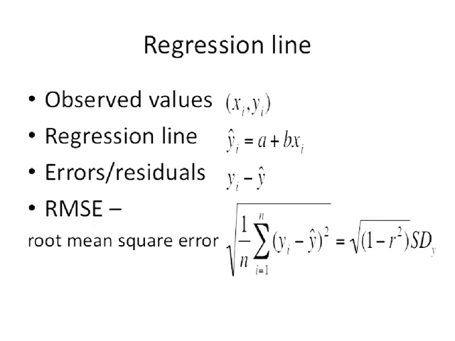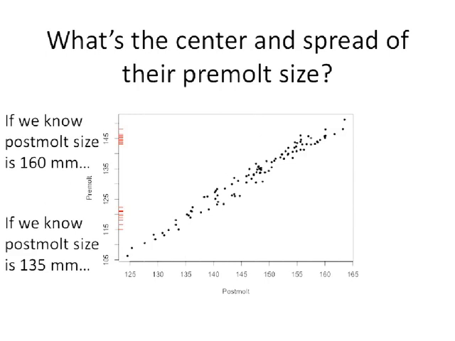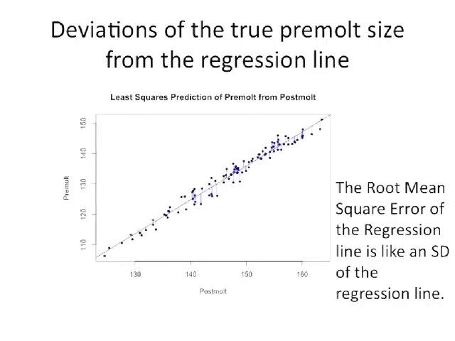So the standard deviation, the spread now about the line, is about 0.4 of the actual spread in the pre-molt size. That's associated with those pictures here: if you know something about the crab's post-molt size, that narrows down the pre-molt size. The deviations we see here are all really small about the line in comparison to the overall deviations about the mean of y.